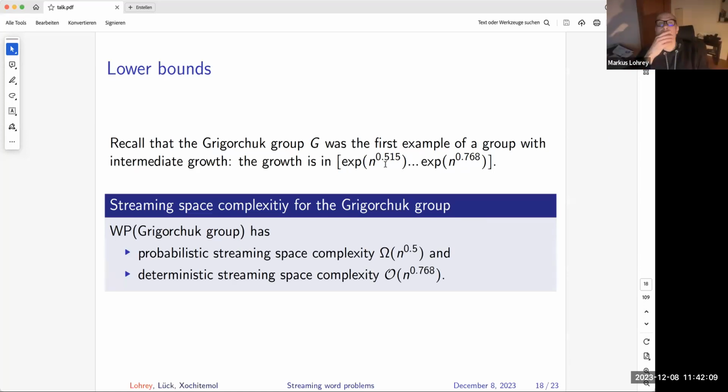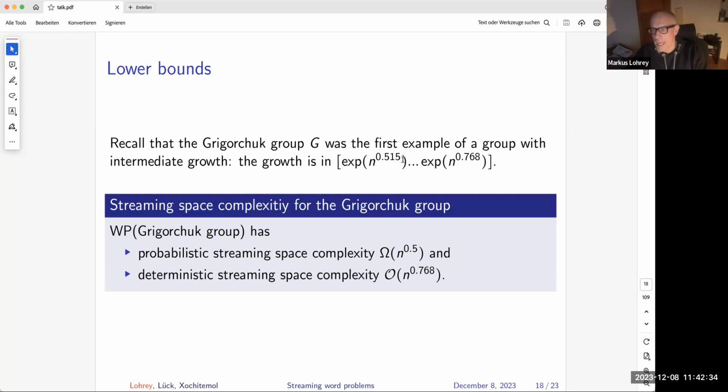Yes, but this is another point. This n to the power of 0.5 doesn't use this lower bound. So it doesn't use the lower bound. Maybe one can improve it. I'm not really the expert in these arguments. It uses this subgroup K, it's usually called K, I think, of the Grigorchuk group.